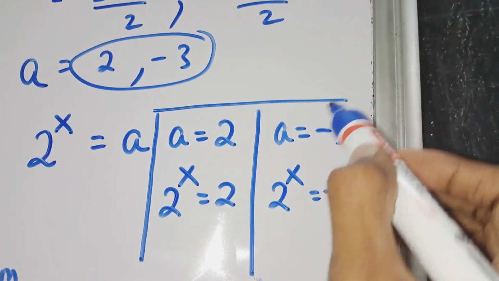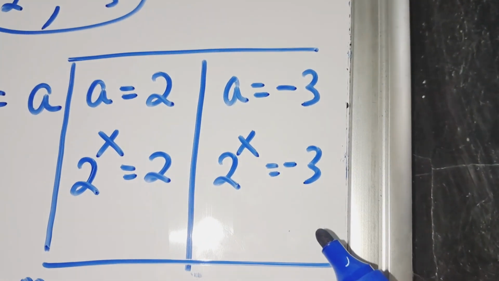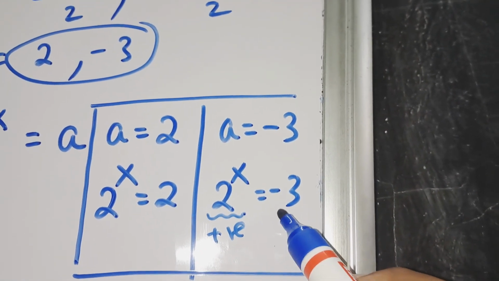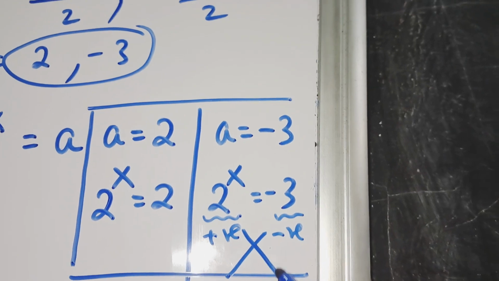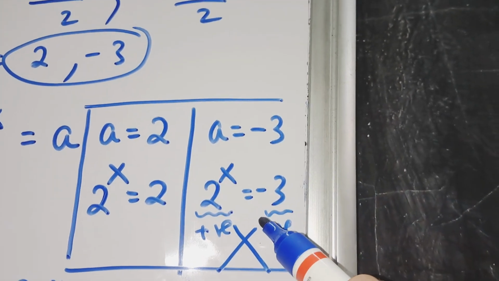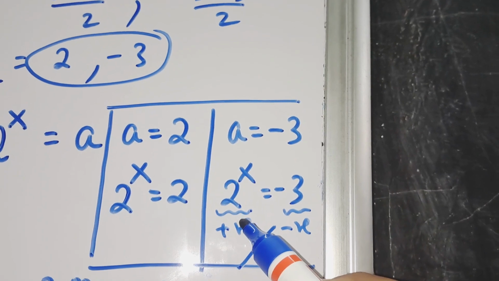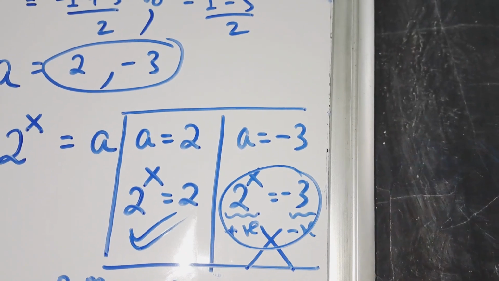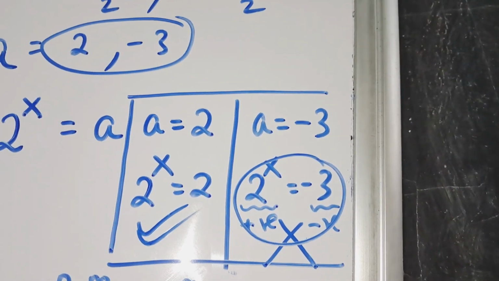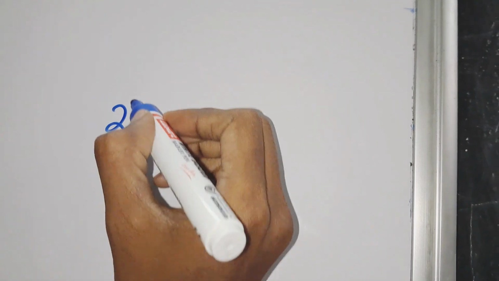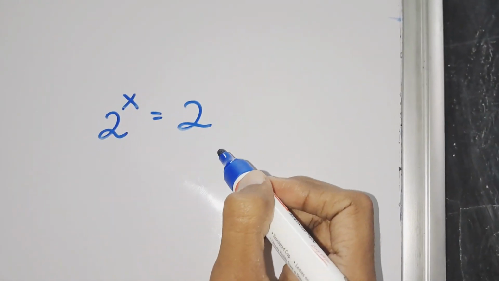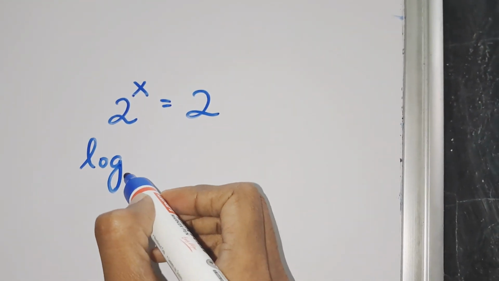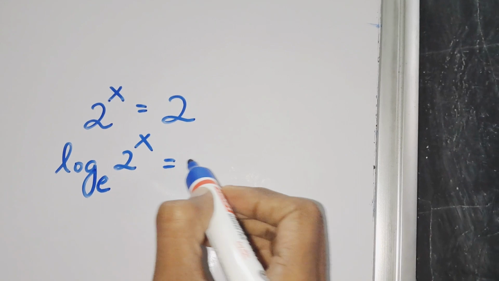But we can clearly observe that out of these two, the right hand side here is positive and this is negative. So this case cannot be a solution, because the right hand side is negative. So the only option remaining is 2 to the power x equals to 2, from which we can take log base e both sides.